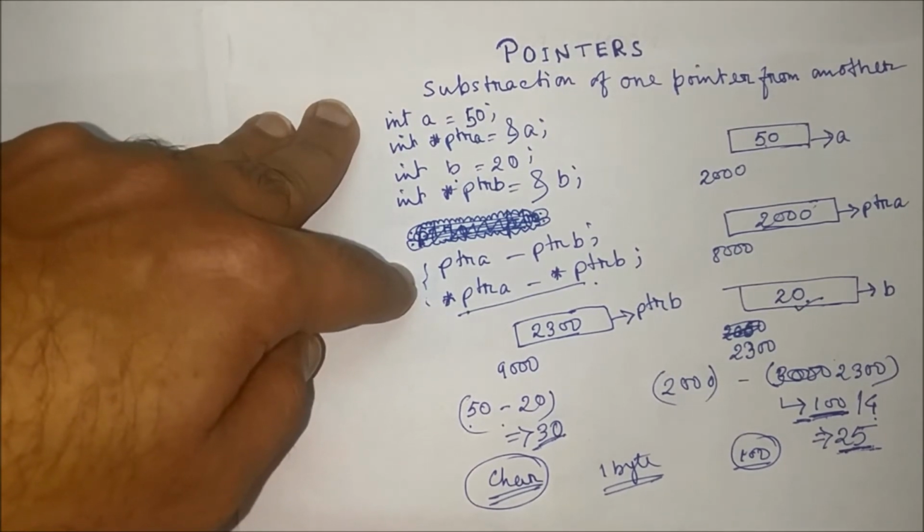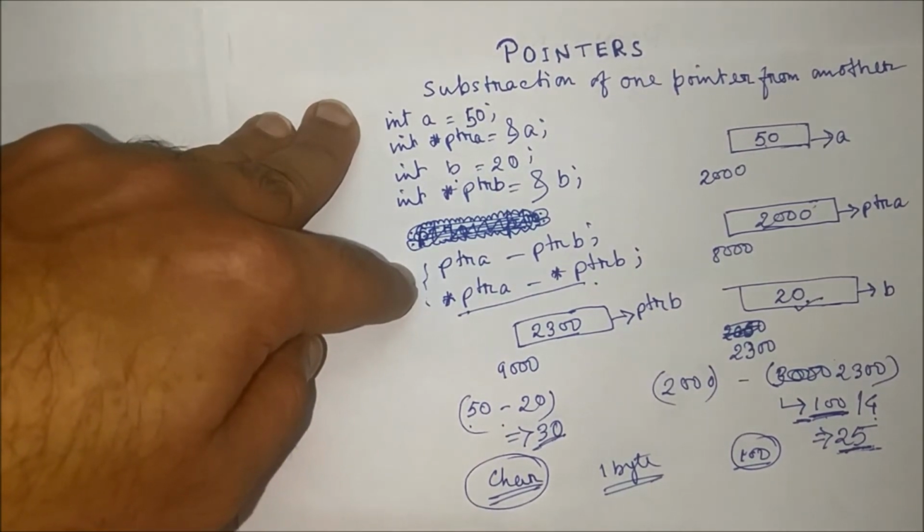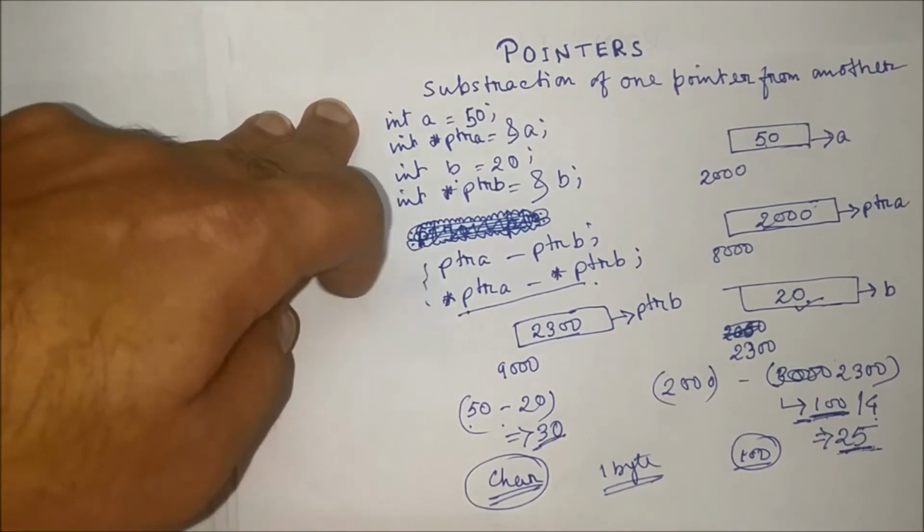It will always come as an absolute value, because it's not a mathematical operation on numbers, we are performing the operation on addresses. So its value will be an absolute value after printing this operation.